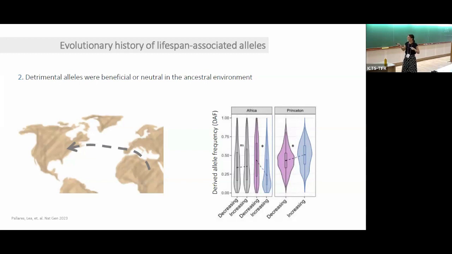And then what you can see in Africa is that the decreasing alleles, the bad alleles, the alleles that kill you, are slightly higher in frequency than the genome in African populations. For us, this suggests that they might at least not be detrimental. They might have been either neutral or slightly beneficial. Do we know what they do there? No, this is just an approximation to the question based on allele frequencies.